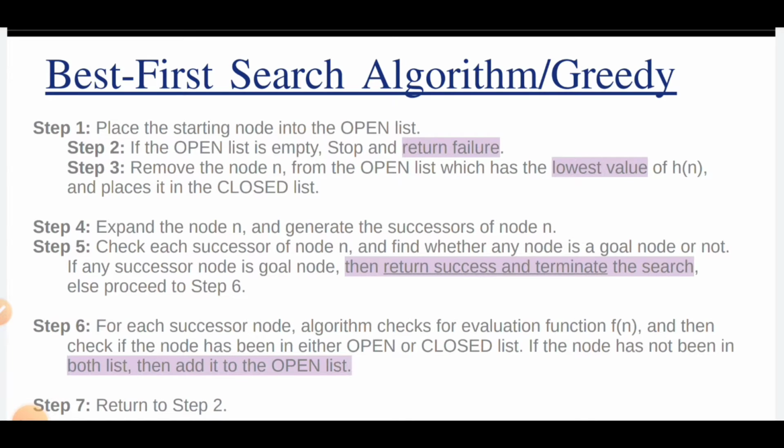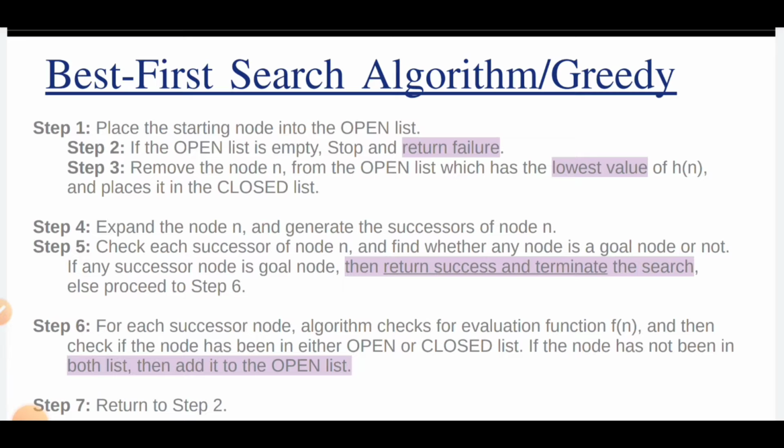The best first search algorithm is also known as the greedy algorithm because it chooses the best possible state before finding the optimal or good solution. Step 1: place the starting node into the open list. Notice there are two types of lists: one is the open list and another is the closed list.